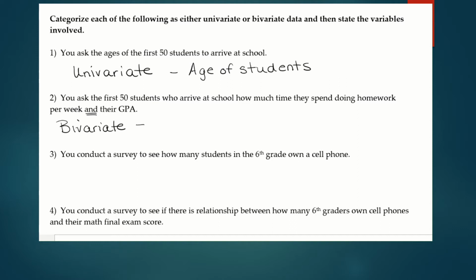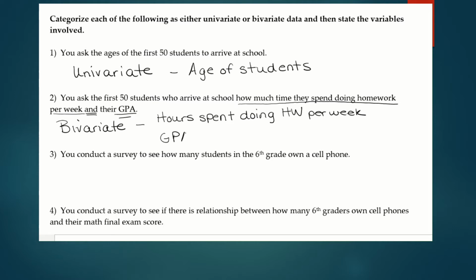The first is hours spent doing homework per week. And the next variable is GPA. So it might be, is there some type of relationship between hours spent doing homework and a person's GPA?